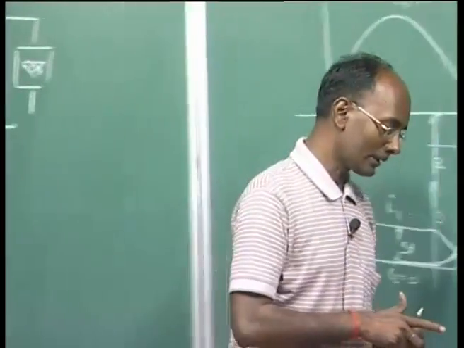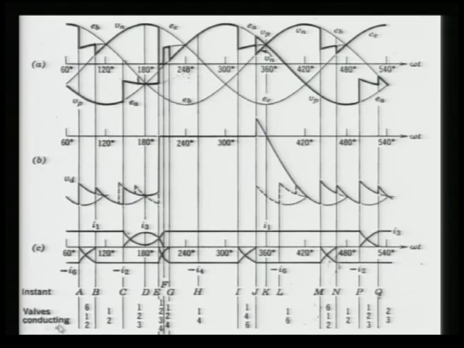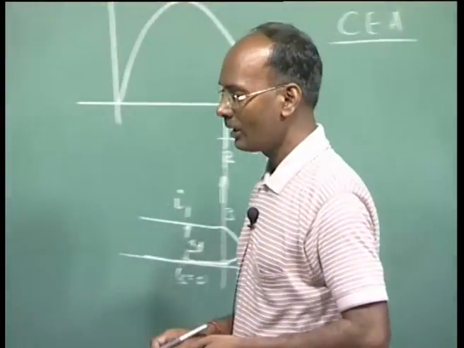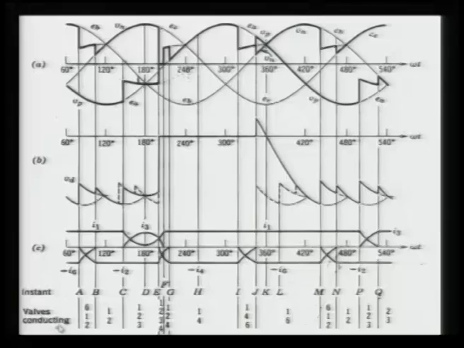To see this, there are various types of possibilities. Same thing I said here. This figure is basically nothing but the line to line voltage.